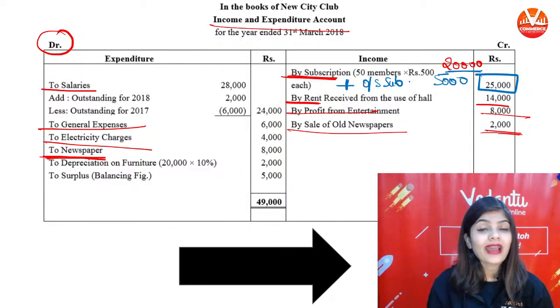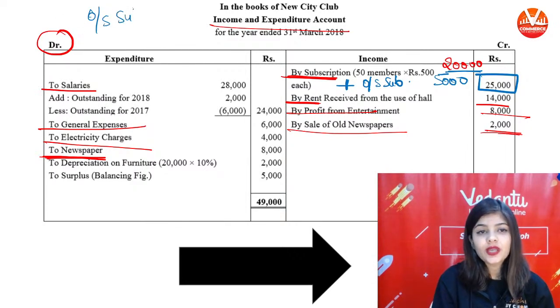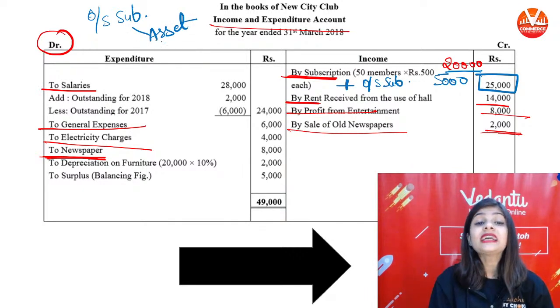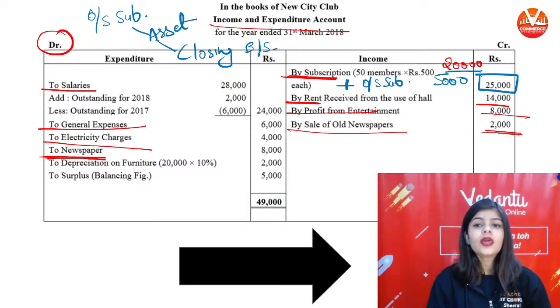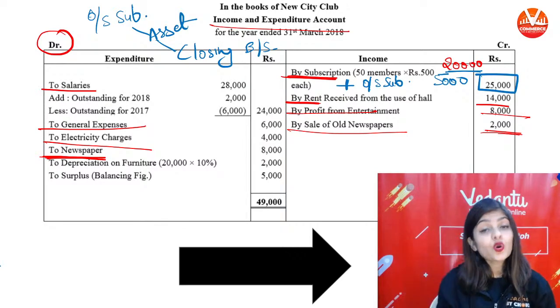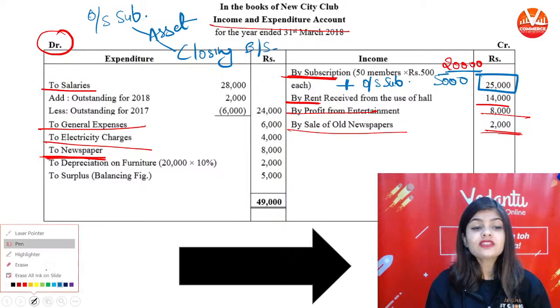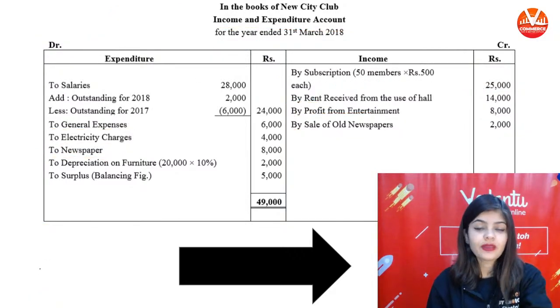The 5,000 which is not received is outstanding subscription, and outstanding subscription you will record on the asset side of the closing balance sheet. This 5,000 we will record in the closing balance sheet on the asset side. So this was the first adjustment.